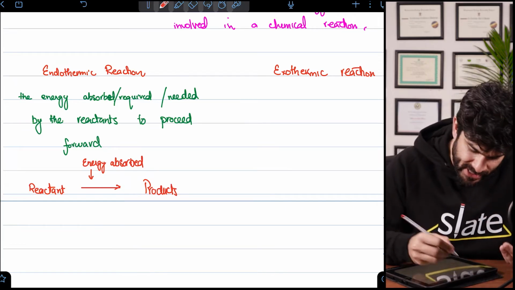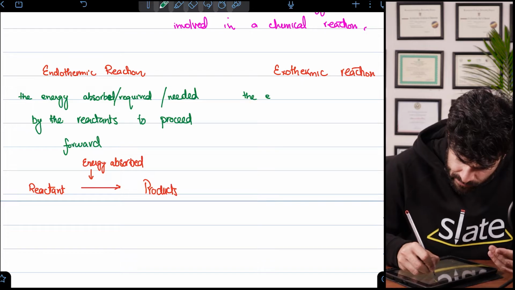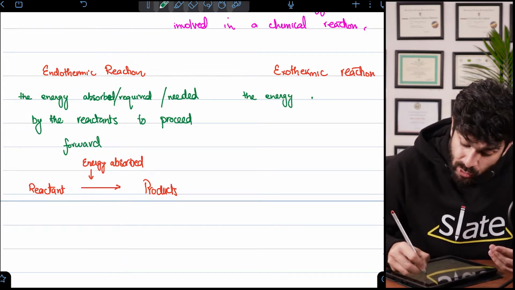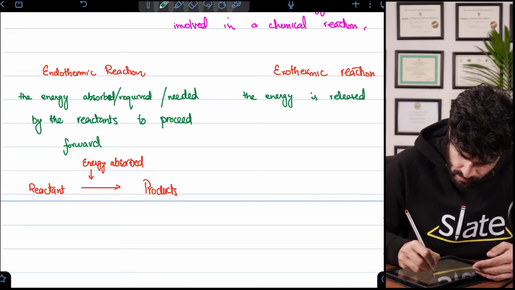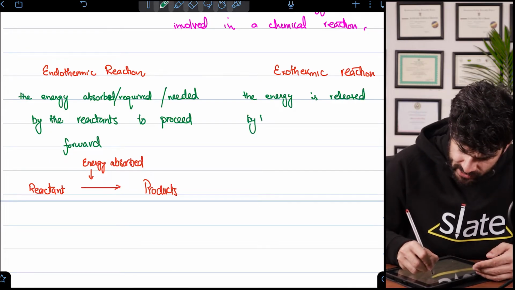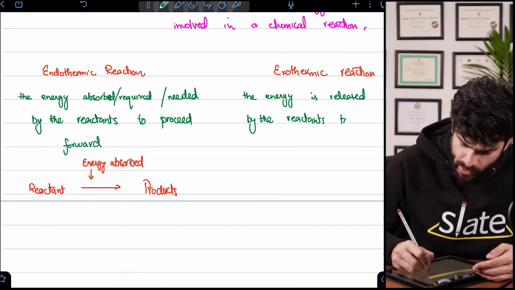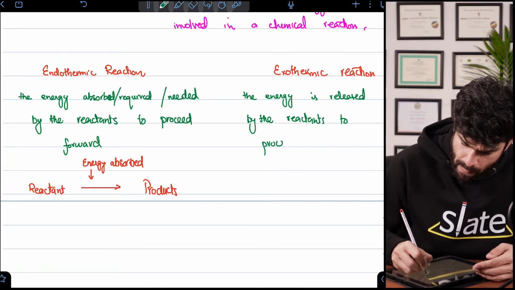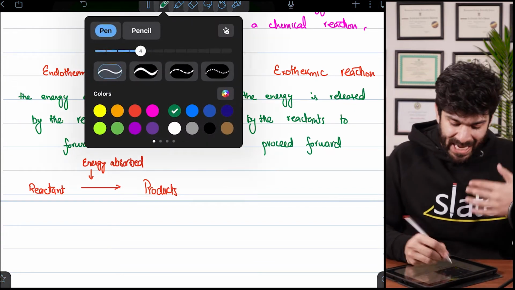And exothermic, it's the exact opposite. The energy is released by the reactants to proceed forward. It's the exact opposite.